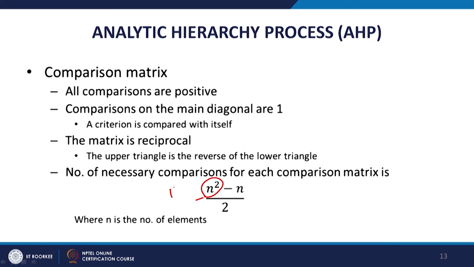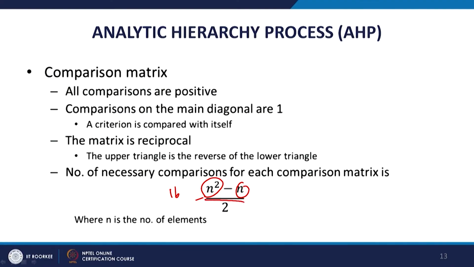Then there are diagonal elements, which are the comparison of an element with itself. So, we subtract these, and since the upper triangle and the lower triangle are just the reverse of each other, we divide this number by 2. This formula gives us the necessary comparisons required in each comparison matrix.